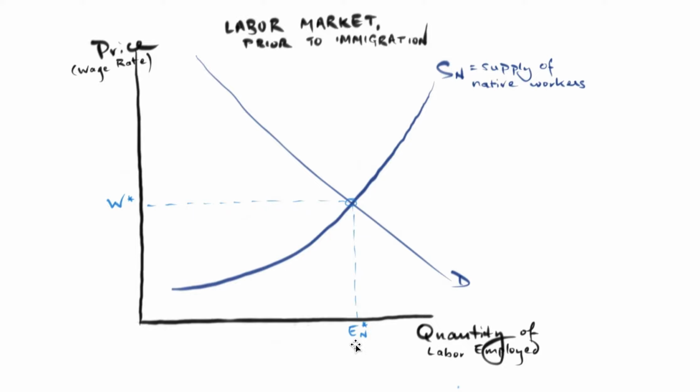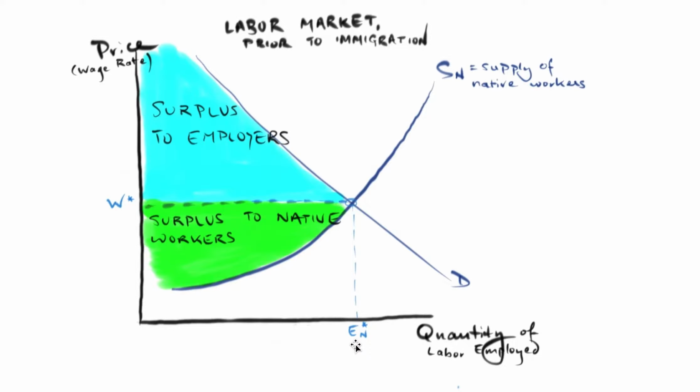Next, let me show you all areas of surplus. So remember, the surplus to suppliers is the area above the supply curve up to the price, and as far out as the amount sold. In this case, we're talking about workers selling their labor. The price they receive is the wage.